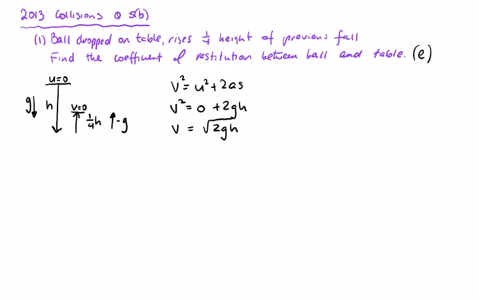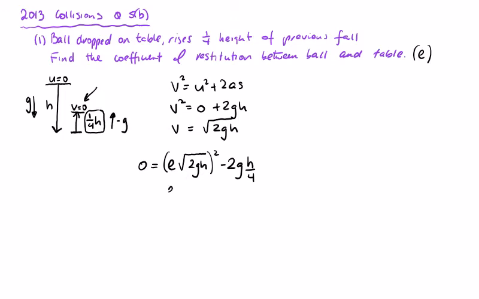So the new speed on the way back up is going to be e times the square root of 2gh. Now it's slowing it down. So that's going to be my new speed on the way up. At this point at the top, the velocity is 0. So if I apply the same formula, 0 is equal to u squared, and we're going to have minus 2gh, and h is 1/4 of the original height, h over 4.